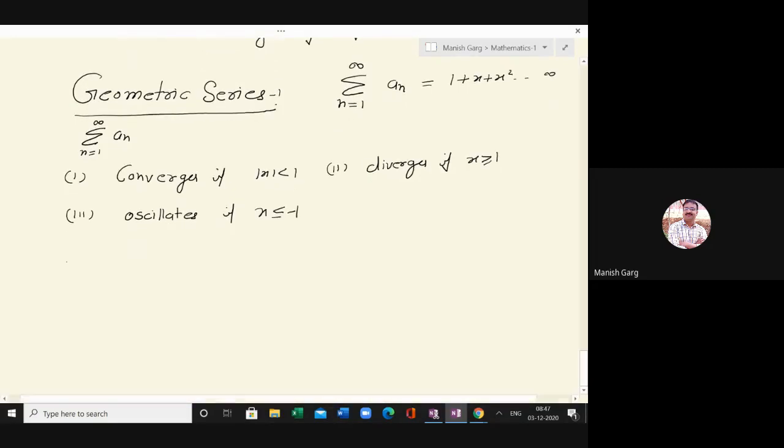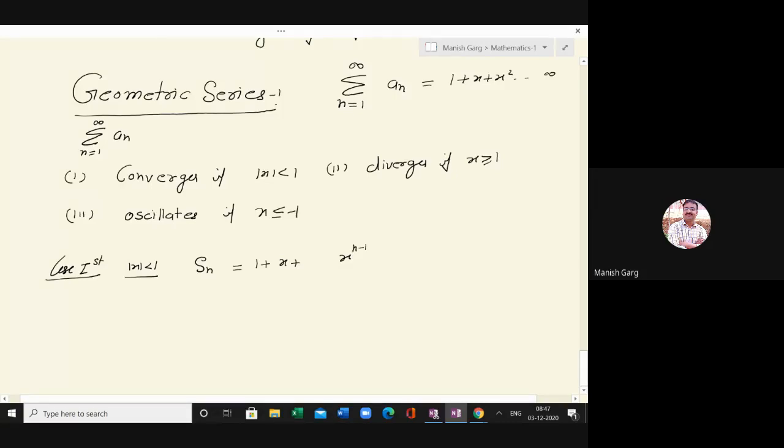So first, what is Sn? I am doing it for mod x less than 1. Sn is equal to 1 plus x plus x की power, you can write n minus 1.